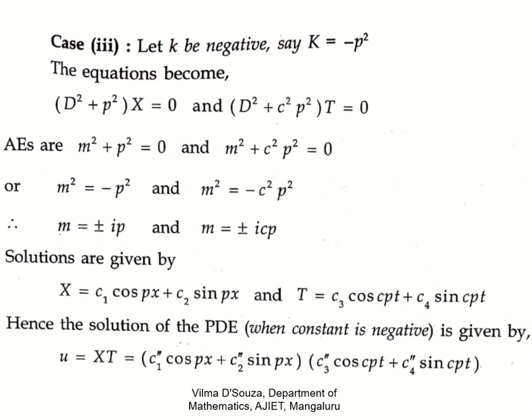Consider the next case when k is negative. What happens when k is negative? We will take it as minus of p square, because square of a number is already positive. So minus of a positive number is negative. So your equations become d square plus p square of x is equal to 0 and d square plus c square p square of t is equal to 0.